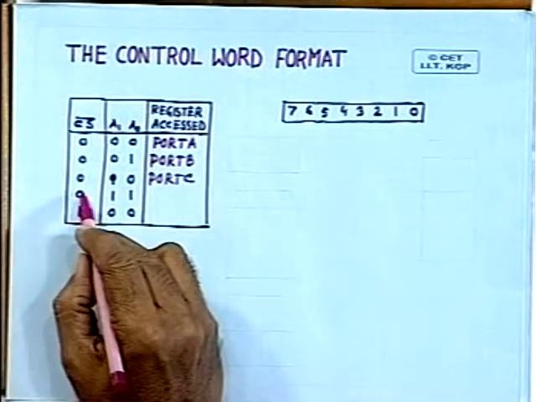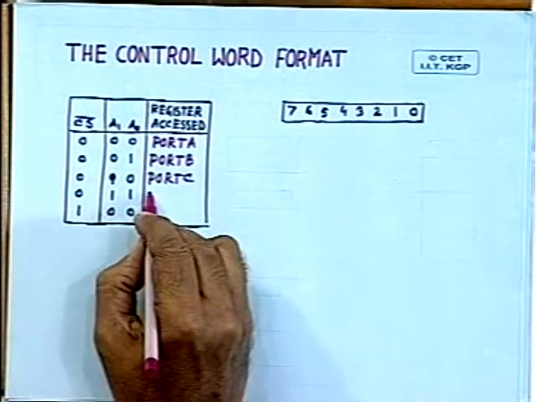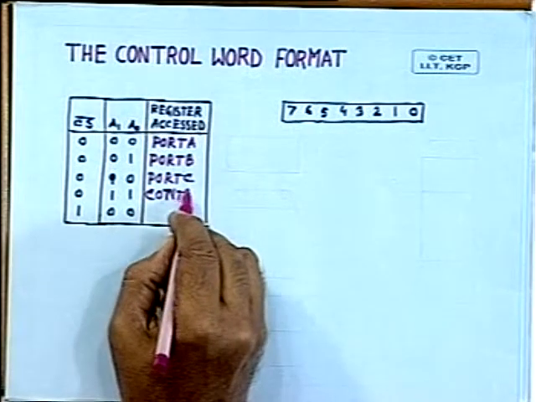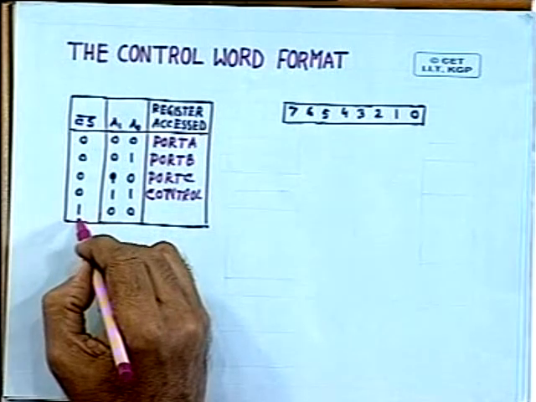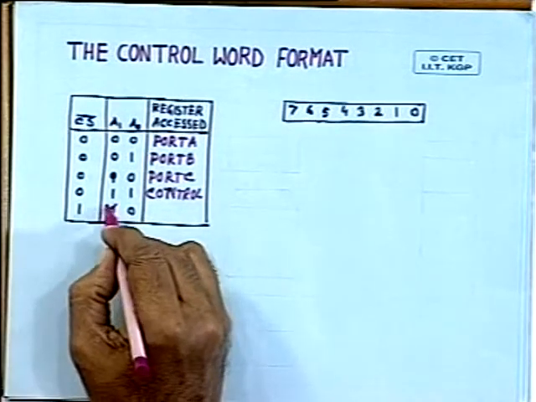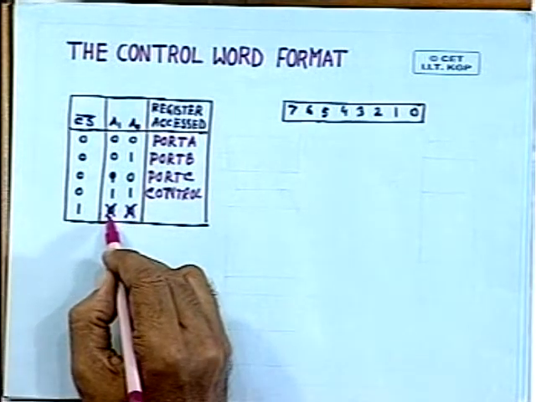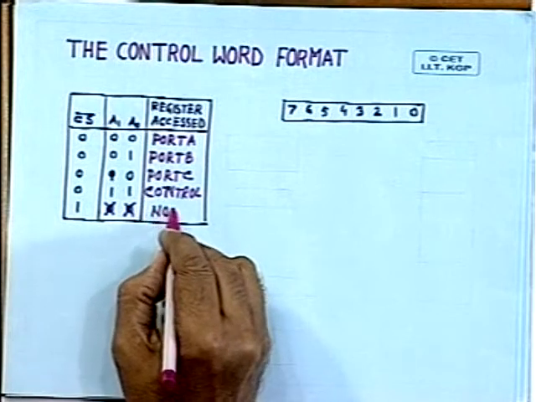And whenever chip select is 0 and these two lines, A1 and A0, are 1 1, then the control register is selected. And of course, whenever the chip select is 1, irrespective of the values of A0 and A1, which can have either 0 or 1, none of the registers will be selected.